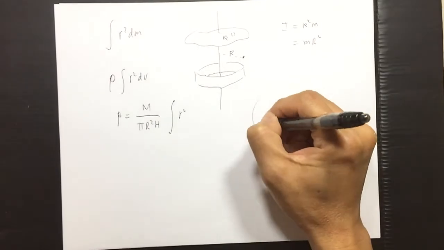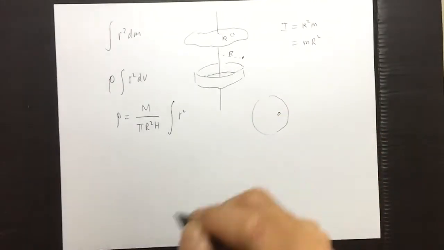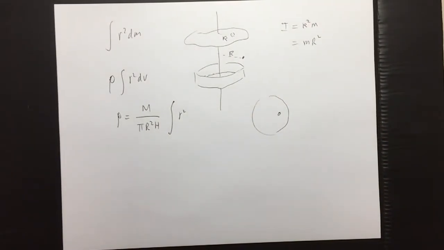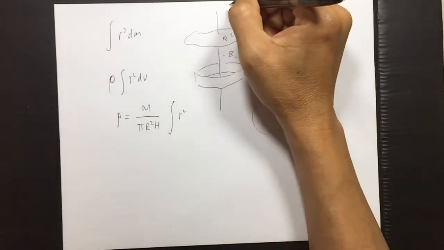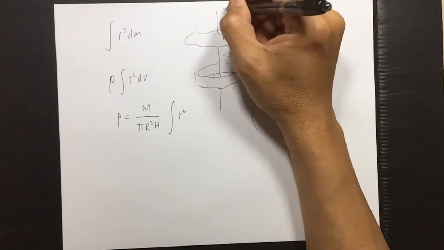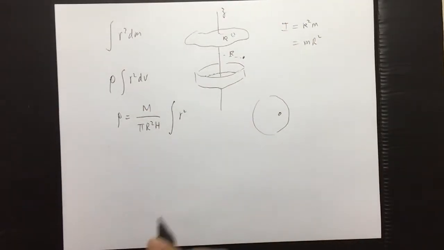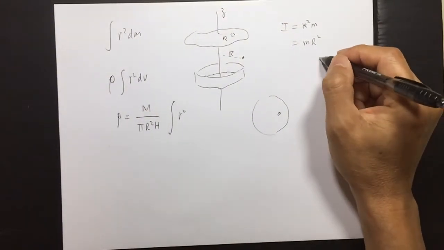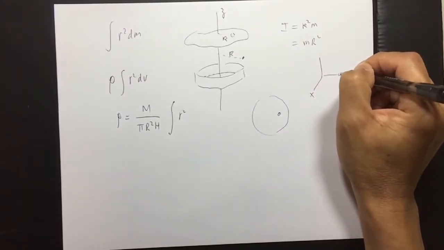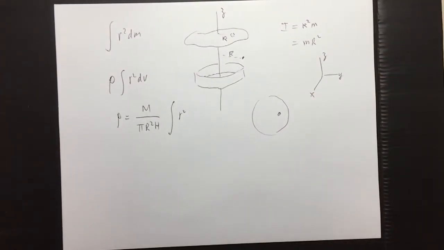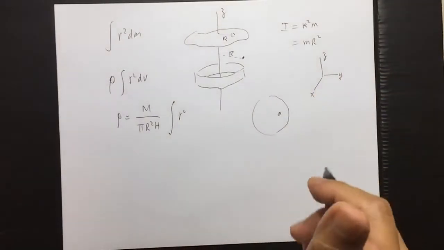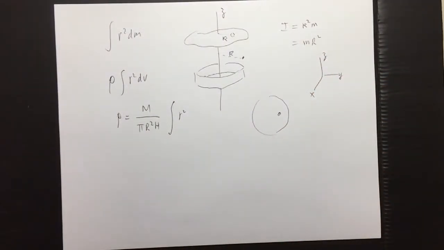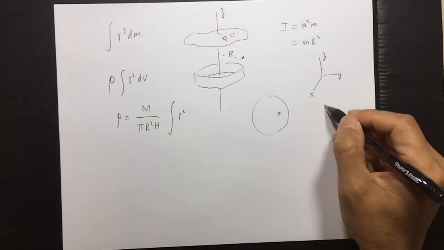Let's look at the circle. Let's call this z, because x, y, z. By the way, when we're talking about x, y, z, this is a right-hand coordinate system. In other words, your hand goes from x to y, and that's where the z is.